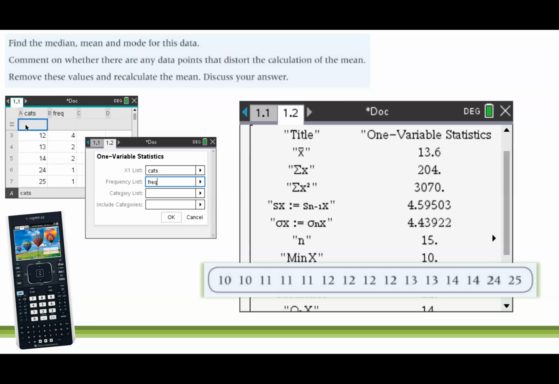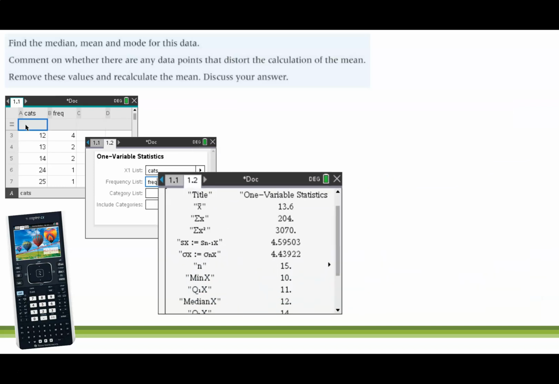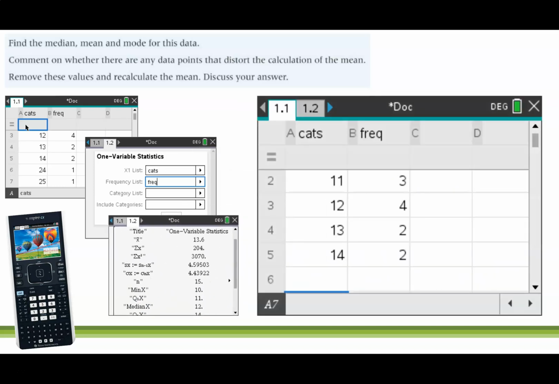How different would the data set appear to be in terms of its mean and median if those calculations did not include those two elderly cats? So we're going to go back to our table and remove the 6th and 7th row of data. Basically, the 24-year-old cat and the 25-year-old cat are removed from our consideration before we make the calculations.